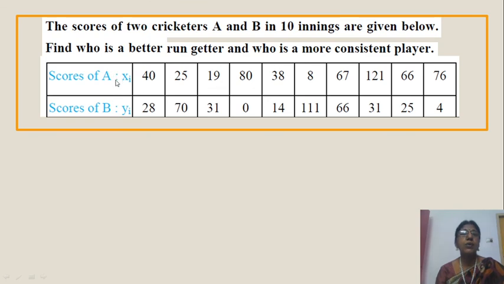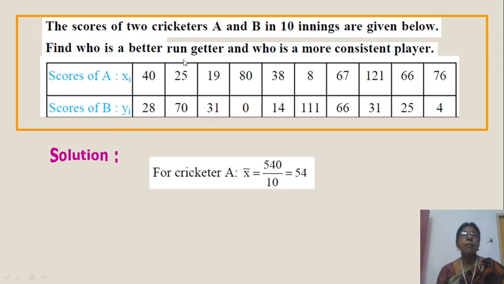Take the first as XI and the second as YI. In the previous problems we asked which form has the greater bill, like that here, just the names are different, but we have two different data sets, XI and YI: the score of A, the first batsman, and the score of B, the second batsman. So who is the better run getter?